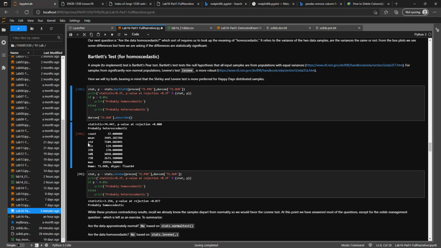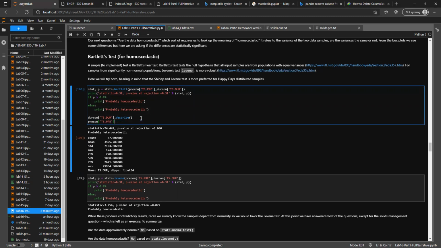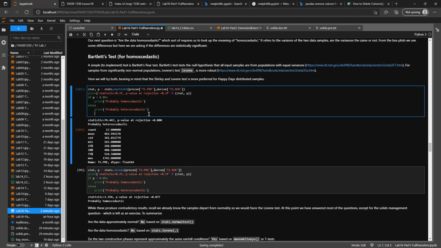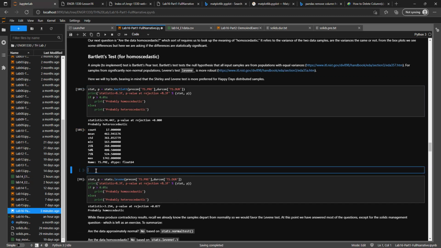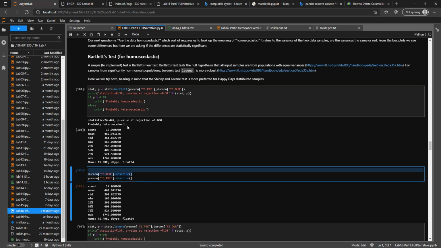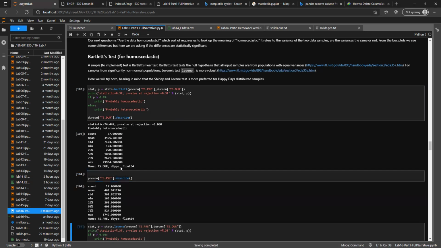What I meant to say is the standard deviation and the variance are intricately linked. So let's look at this one. Dot describe. Oops. Well, I guess I can't say it's an oops. It's just that we need that. There. Okay. So our first test here was saying that they're heteroscedastic, meaning probably not homoscedastic.